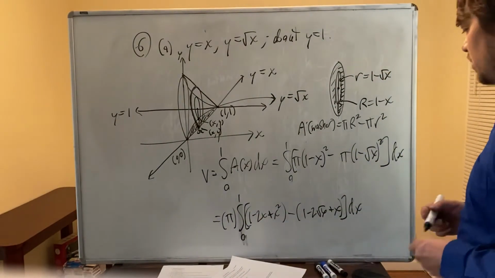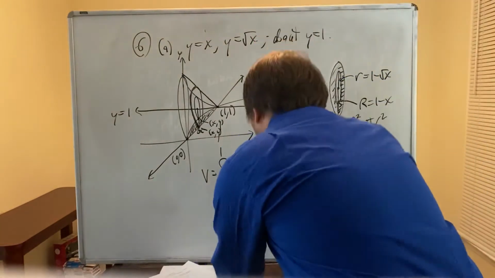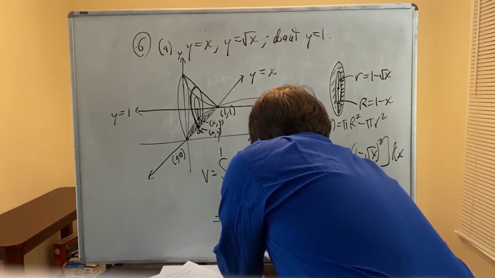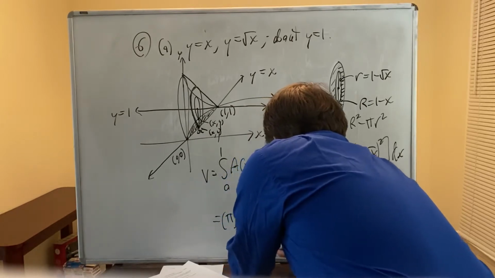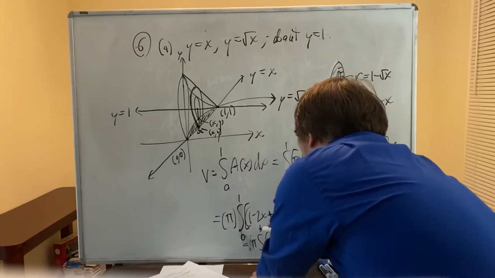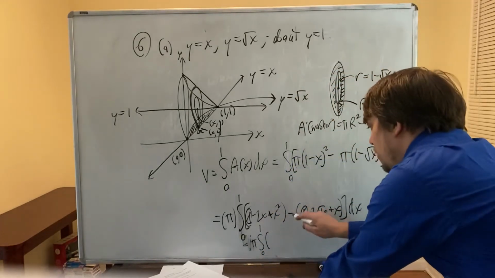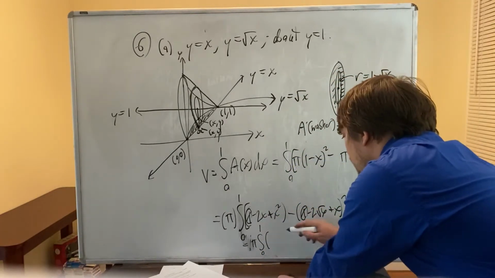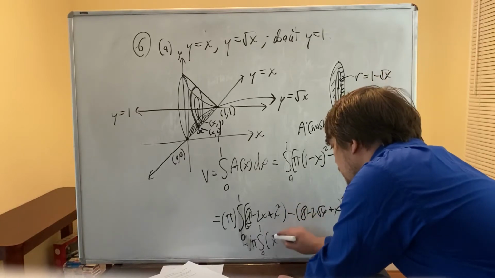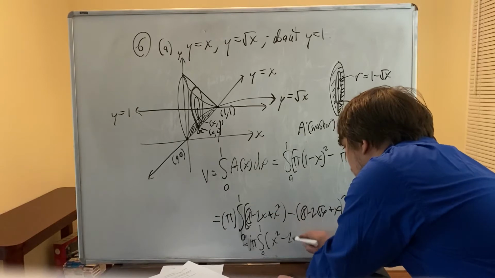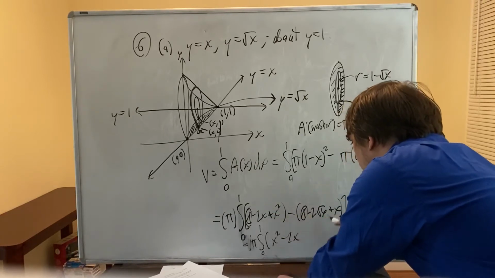All right, so this is equal to pi times the definite integral from 0 to 1. Combining like terms, 1 minus 1 cancels. There's an x squared here. The x, there's a minus 2x minus positive x.